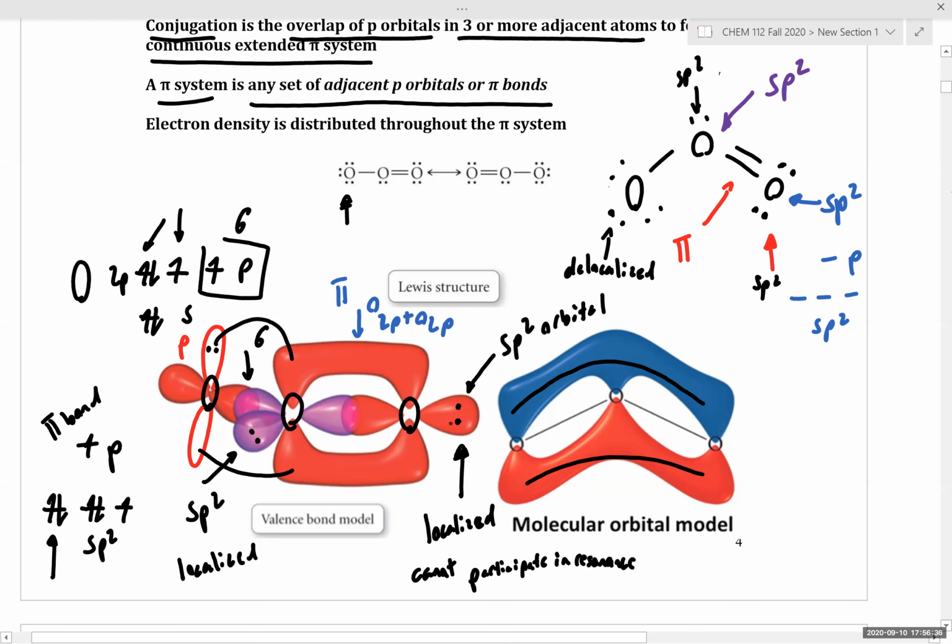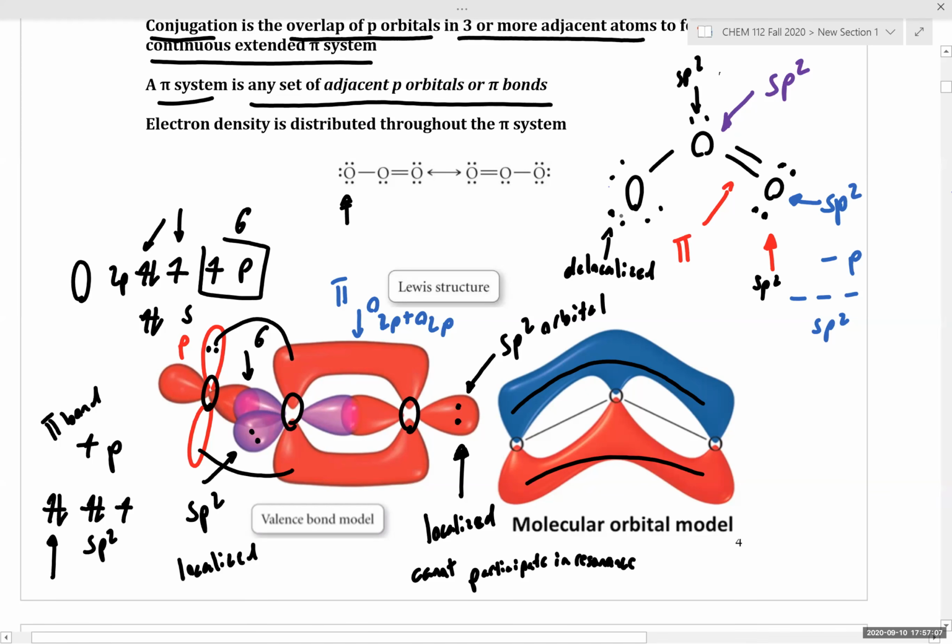Does that make sense? Does everyone understand why only this leftmost oxygen's lone pair can participate in resonance, while the other lone pairs cannot? A lone pair can participate in resonance if it is located in a p orbital that is parallel to a pi bond or pi system.